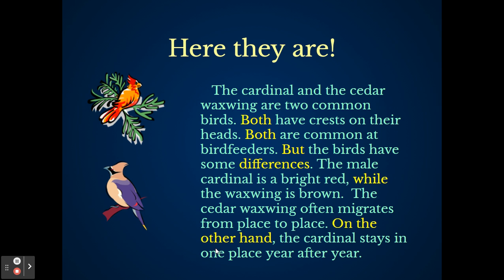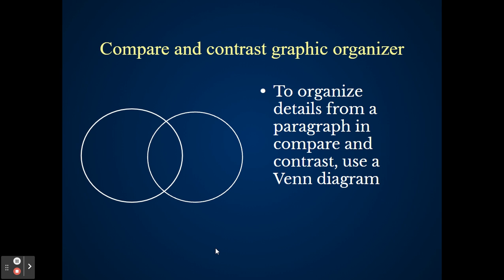And then those keywords tell me that these are things that they have that are similar. And then it goes into talking about how things are different. So while one is brown, and then it says on the other hand, so those are signaling that, okay, now I'm talking about the differences that they have between them.